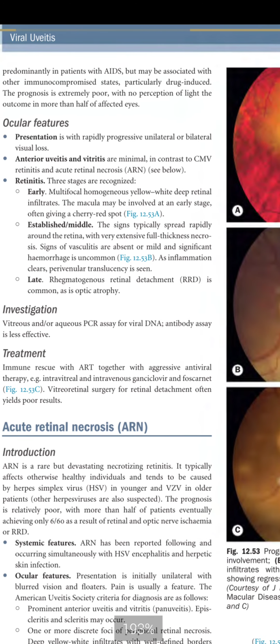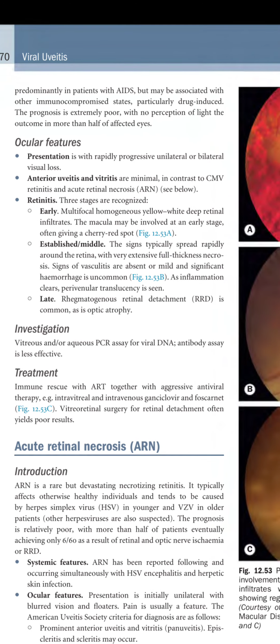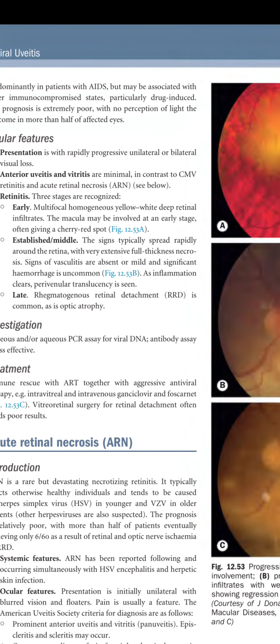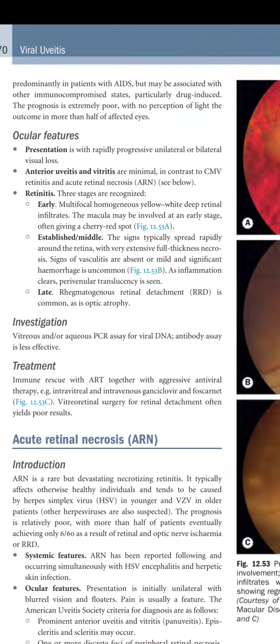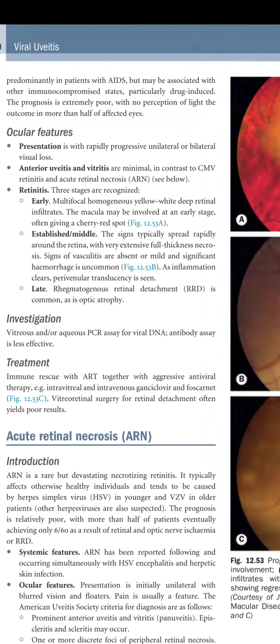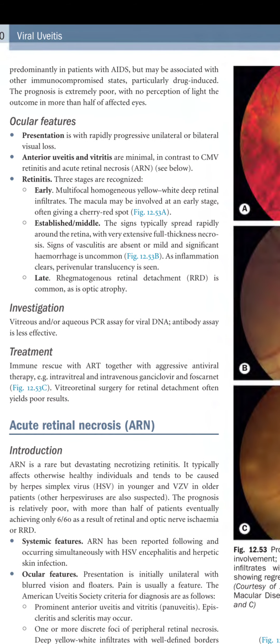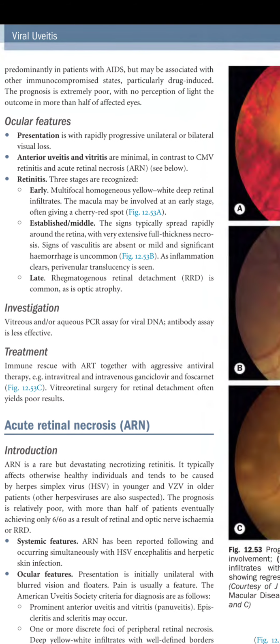Next is established or middle. This stage typically spreads rapidly around the retina with very extensive full thickness necrosis. Signs of vasculitis are absent or mild, and significant hemorrhage is uncommon. As inflammation clears, perivenular translucency is seen.